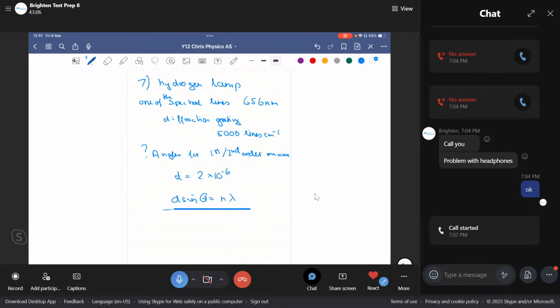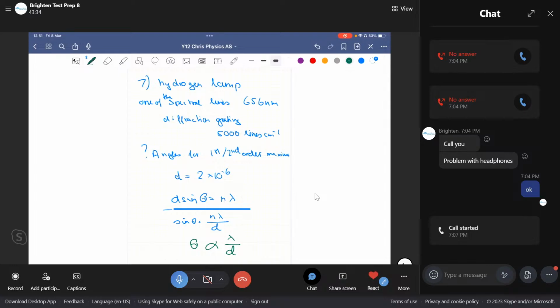Usually you calculate the angle, so in a more general way, forget about the sine for the time being. The angle is proportional to the ratio of the wavelength to the slit separation d, which makes a lot of sense.